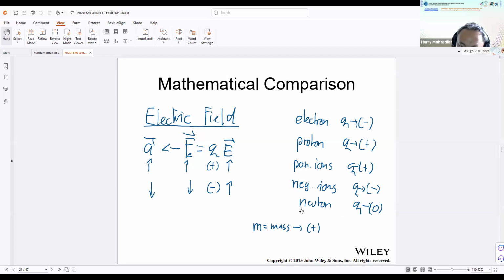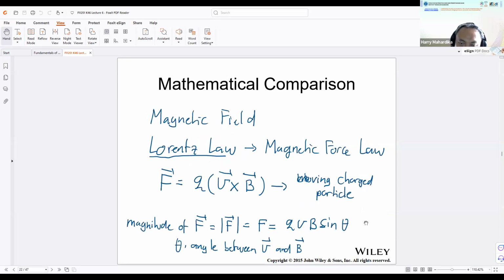For a neutron, or any particle or object that contains no charge, the sign of Q is 0. So whenever we have interaction between neutrons and electric fields, and even the interaction of a neutron with a magnetic field, there will be no force produced in either case.